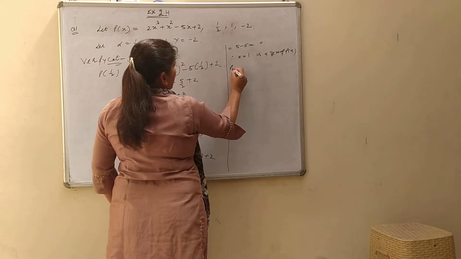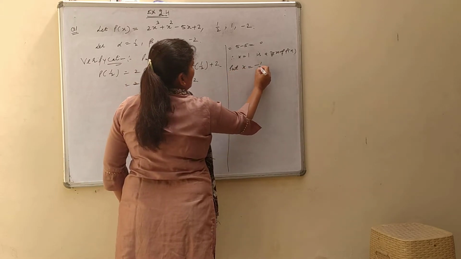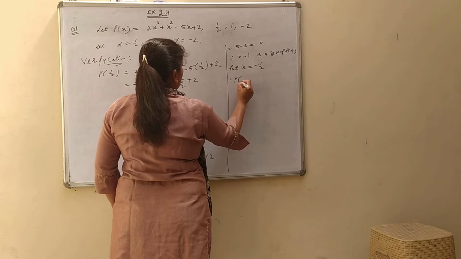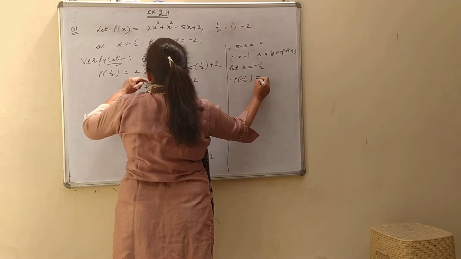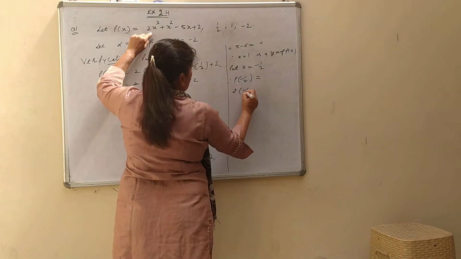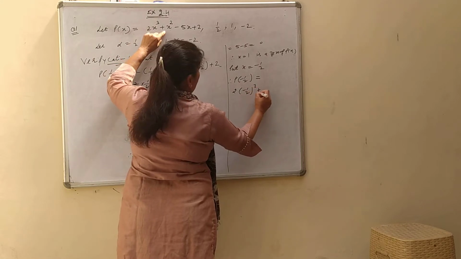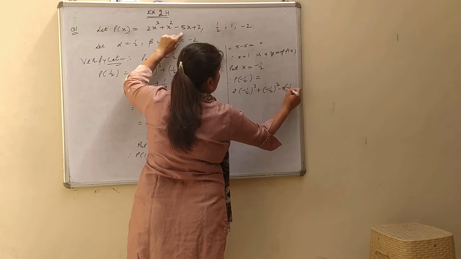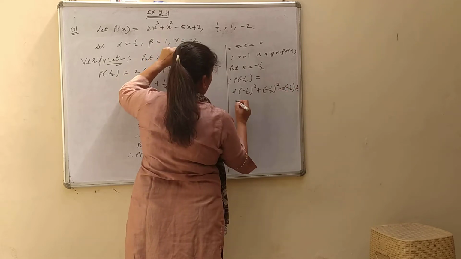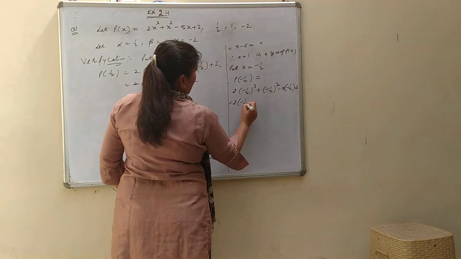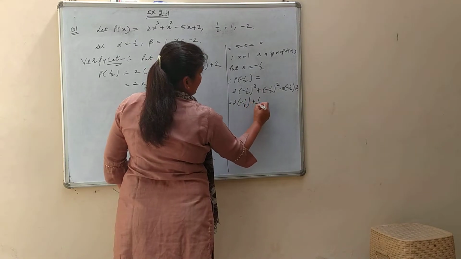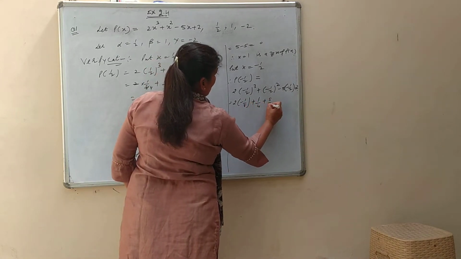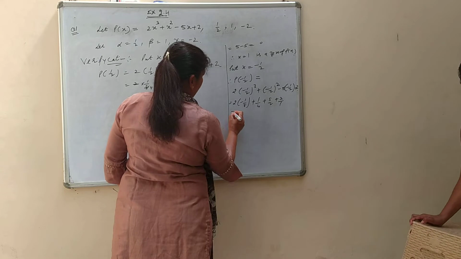Then put x is equal to minus 1 by 2. Therefore, P of minus 1 by 2 is equal to 2 into (minus 1 by 2) whole cube plus (minus 1 by 2) whole square minus 5 into minus 1 by 2 plus 2. 2 into minus 1 over 8 plus 1 over 4 plus 5 over 2 plus 2 over 1.